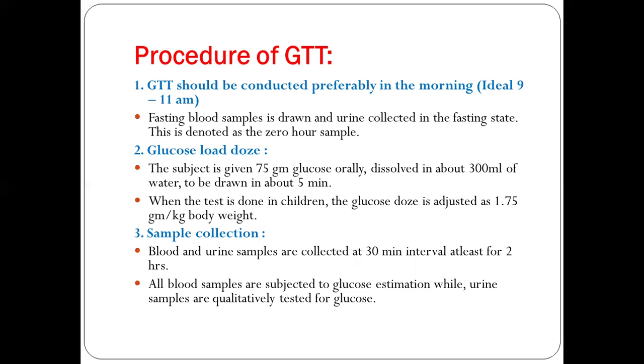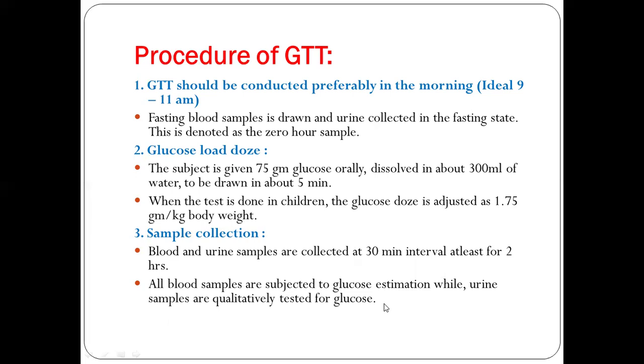Okay, so all blood samples are subjected to glucose estimation, while urine samples are qualitatively tested for glucose. As you all know, the renal threshold of blood glucose is 180 mg per deciliter. That means once the blood glucose exceeds 180, you will get glucose in urine.